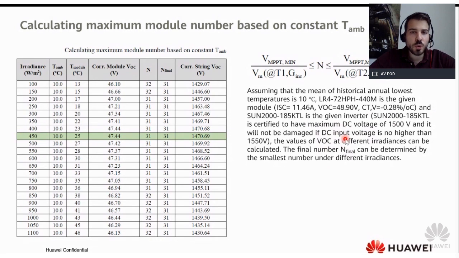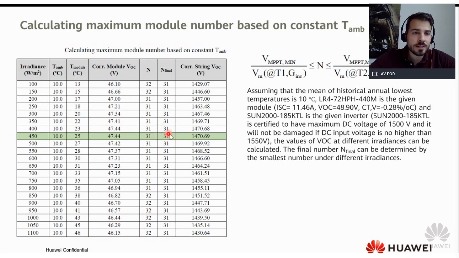But as it also has a tolerance in this maximum DC voltage, it can actually bear 1550 volts without any damage. So based on this, the VOC values can be calculated for different irradiances. As you can see here, for different irradiances with constant ambient temperature, we are left with different module temperatures, and based on that we can calculate the corrected VOC.